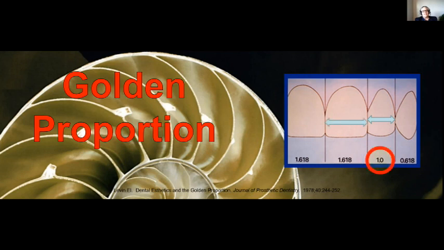And if we look at the central incisor, we want it to be a little bit more than 1.5 times the width of the lateral. And then if we come over to the canine, we want the width of the canine to be a little bit more than half the width of the lateral.